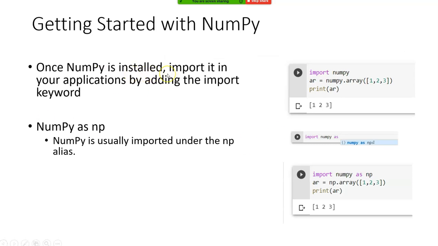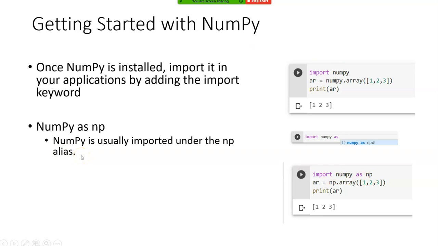Once NumPy is installed, how will you use it? You import it in your applications by adding the import keyword. This is a library, a built-in function, and you are accessing it. Import numpy. Another way of doing it is we use an alias.